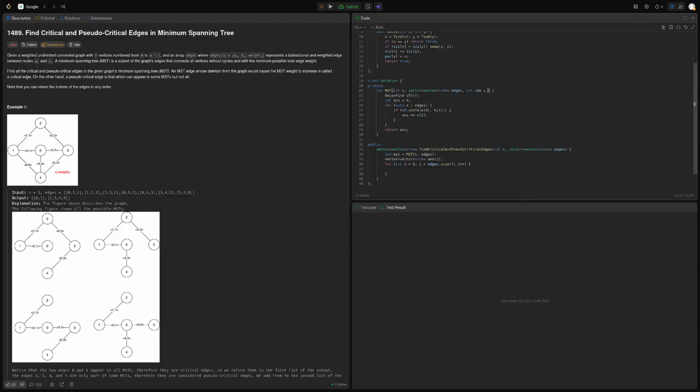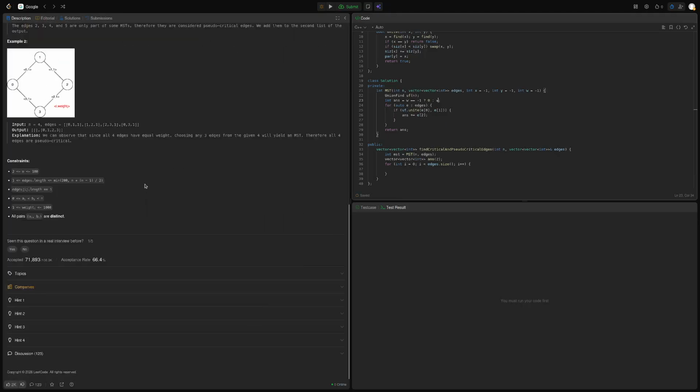Int index -1. No, int x, int y, int weight. Now what does this mean? Well, v -1 0, otherwise w.